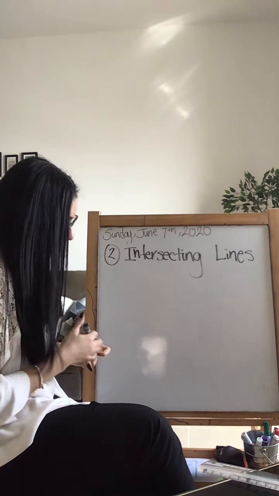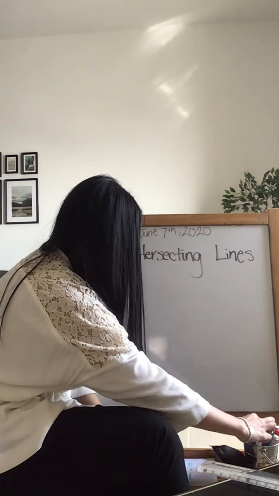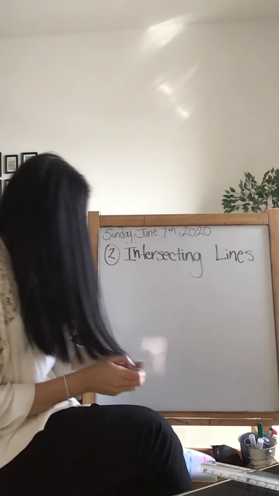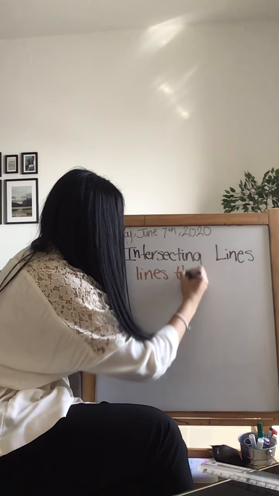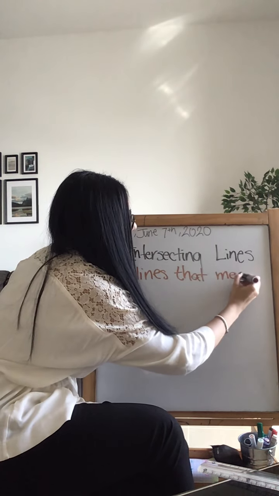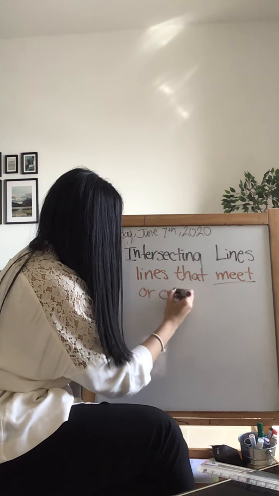Okay, so what are intersecting lines? Where's my, oh, I don't know where my pen went. Oh, right here. Intersecting lines are lines that meet or cross each other.